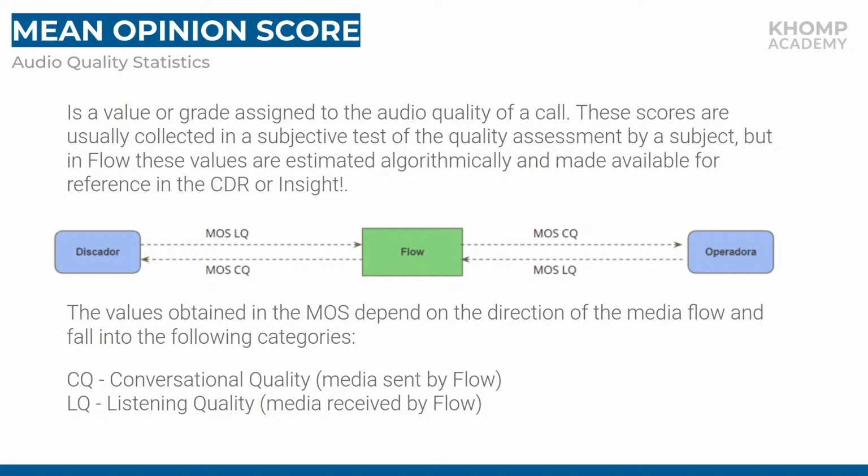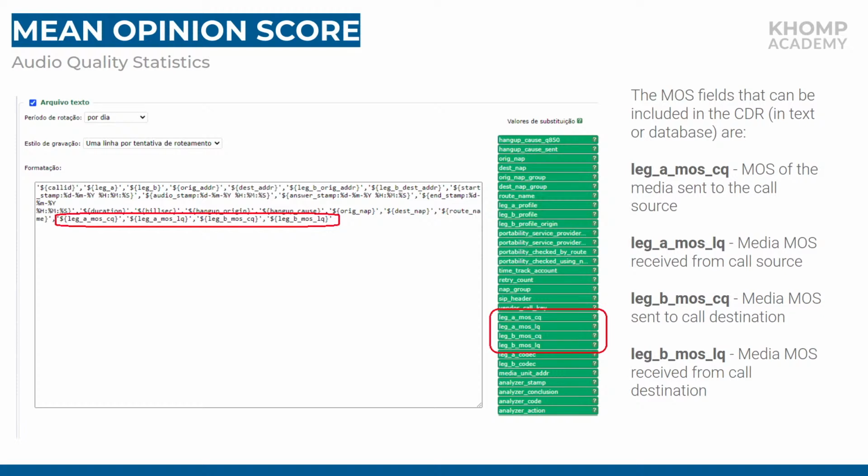You are going to see the listening quality: what is the quality of the media that I'm receiving from this element, and what is the conversational quality, that is the quality of what the flow sends to this element. So keep that in mind.